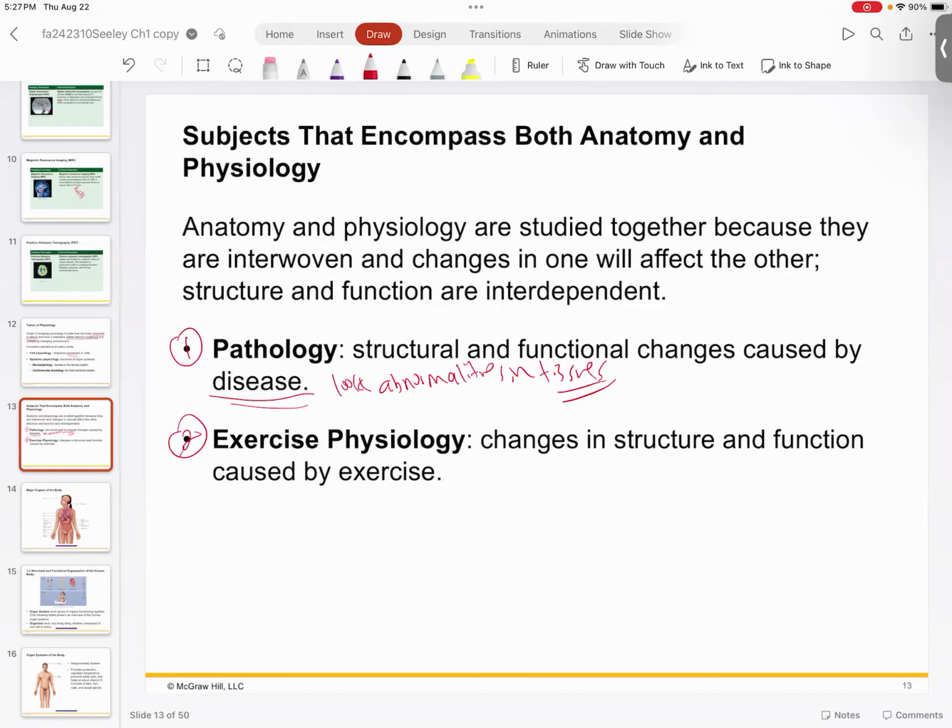You also have exercise physiology, right? This is basically where you're taking all of the functions and the structures of especially the skeletal muscles, the skeleton, and the muscular system, and you're putting it all together in how our body works mechanically and physically, especially when we do exercise. Exercise physiology isn't just about how to tone muscle or how to build muscle.